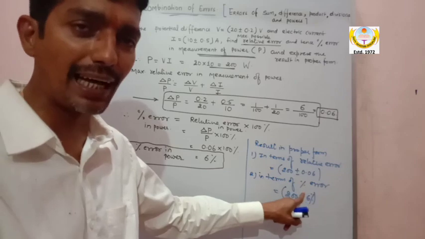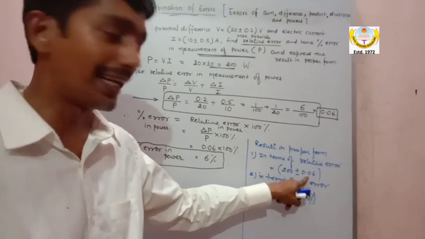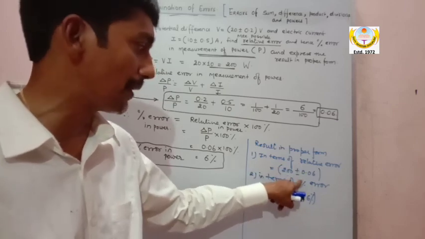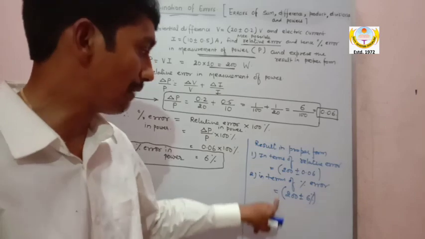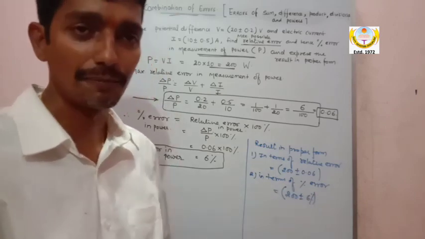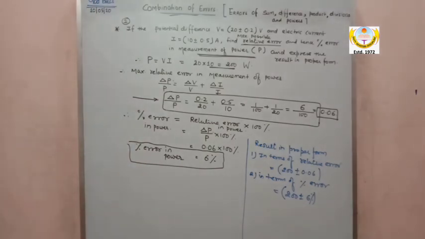Whenever we write the answer in proper form, we write the true value along with the error. Suppose I write the result in relative error form, it is 200 plus minus 0.06. If I write the result in percentage form, it is 200 plus minus 6%. I hope it is clear, my dear. So this is a sum based on the product.